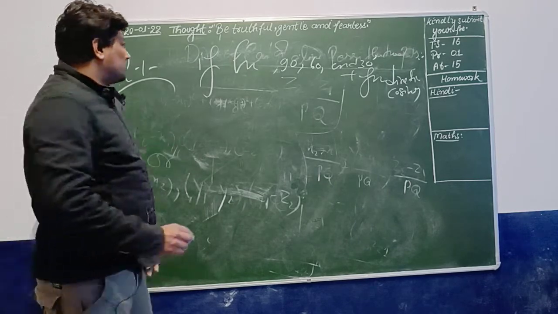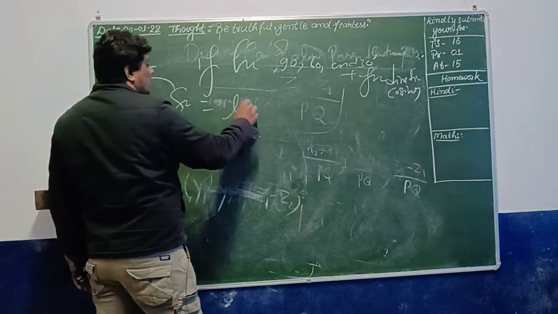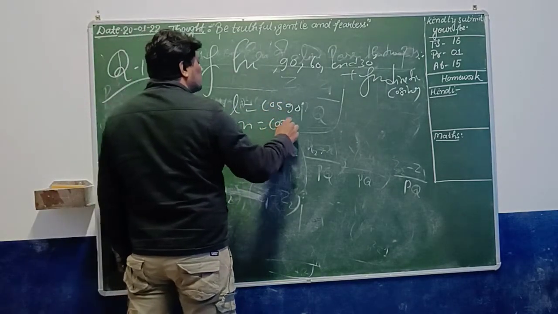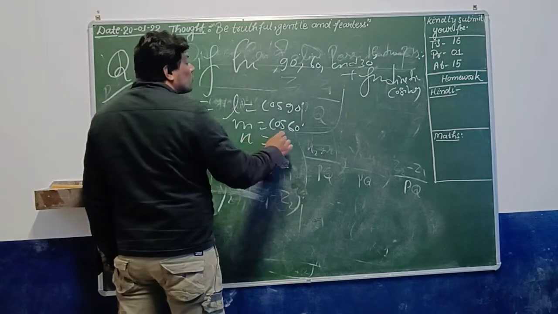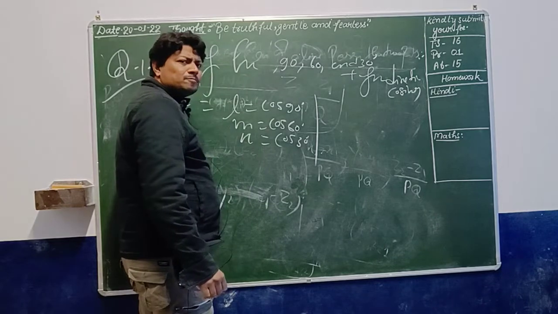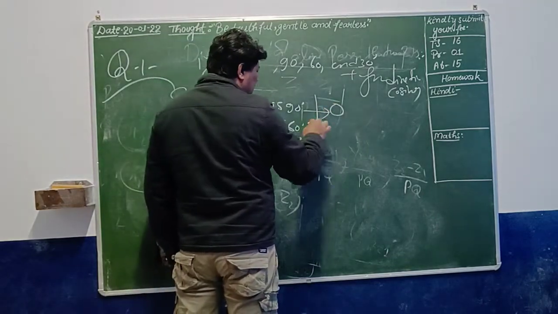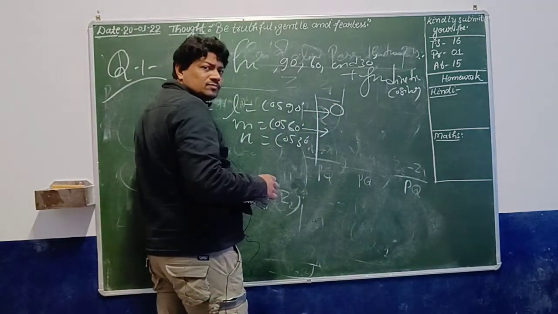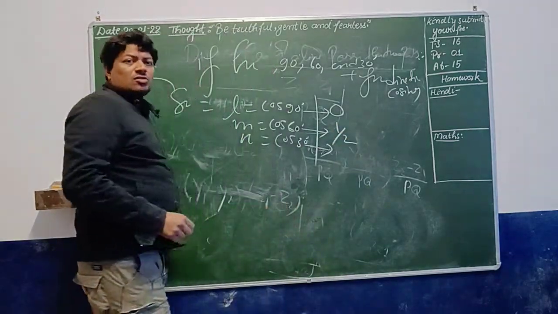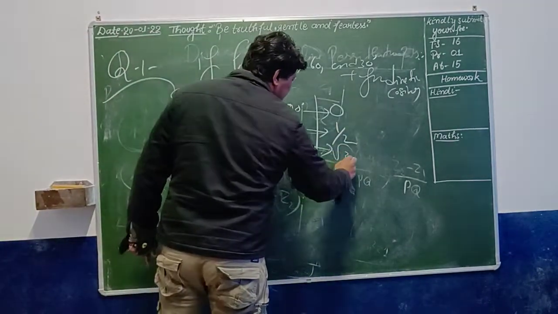So l equals cos 90, m equals cos 60, and n equals cos 30. What is the value of cos 90? 0. Cos 60 is 1 by 2, and cos 30 is root 3 by 2.